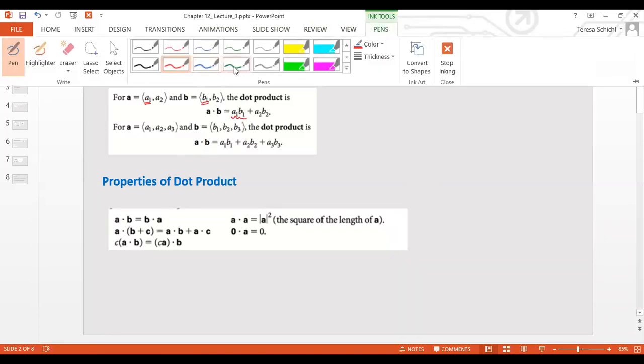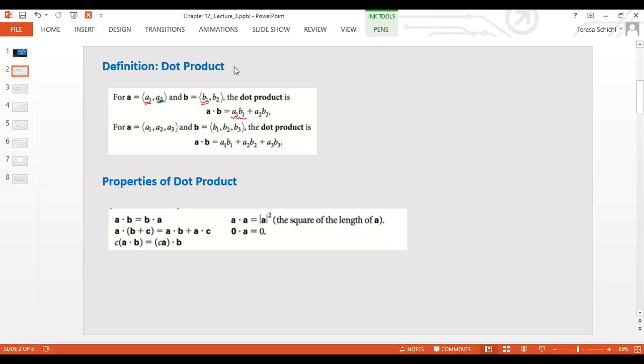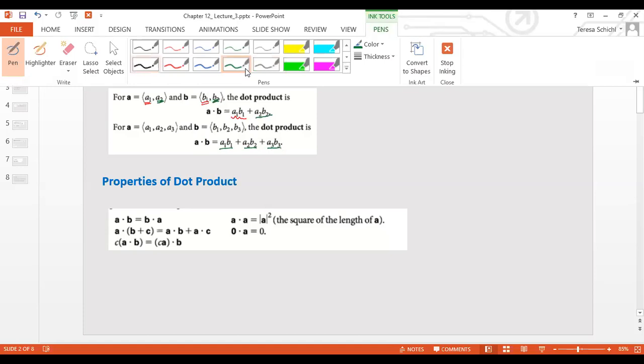Then you use the second element, A2 times B2. Then you add them. That's how we define the dot product. In R3, the dot product is the same: A1 times B1, A2 times B2, and A3 times B3.